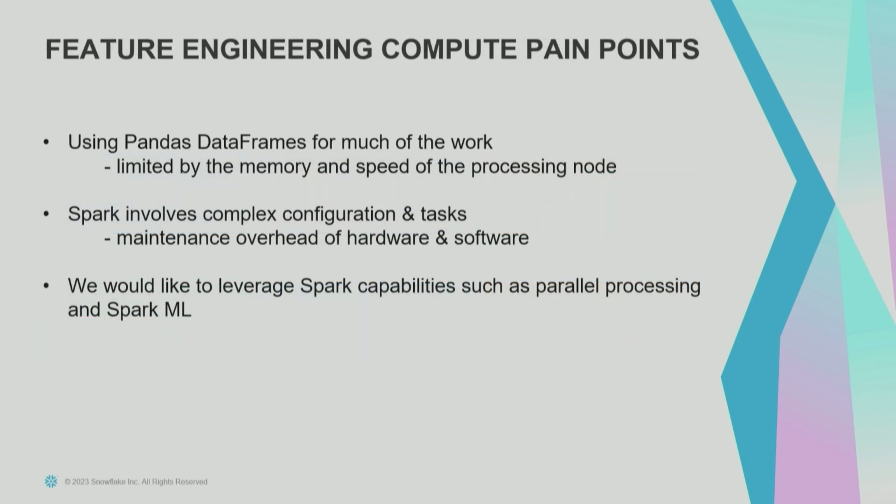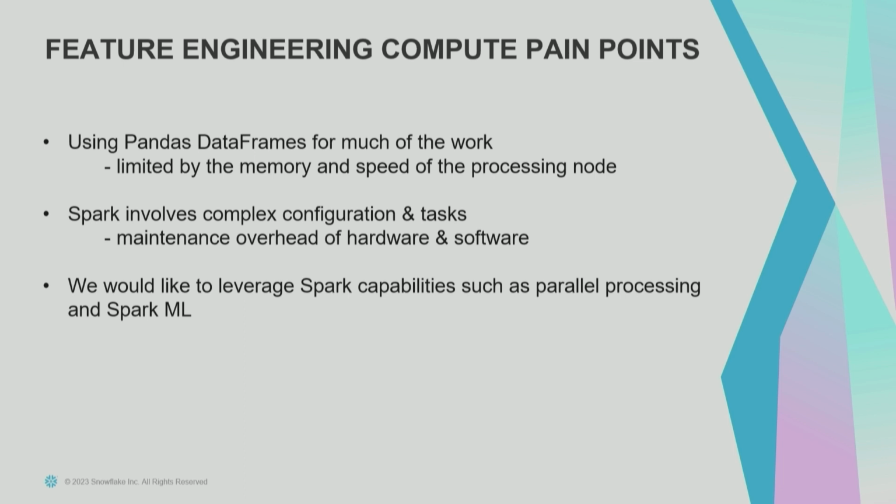So from a compute perspective, we've got a few pain points. Data scientists typically use the Pandas data frame object to do a lot of their feature engineering. This is a very flexible data structure, but we're restricted by memory of our notebook environment, along with single node processing, so we can't distribute our processing.